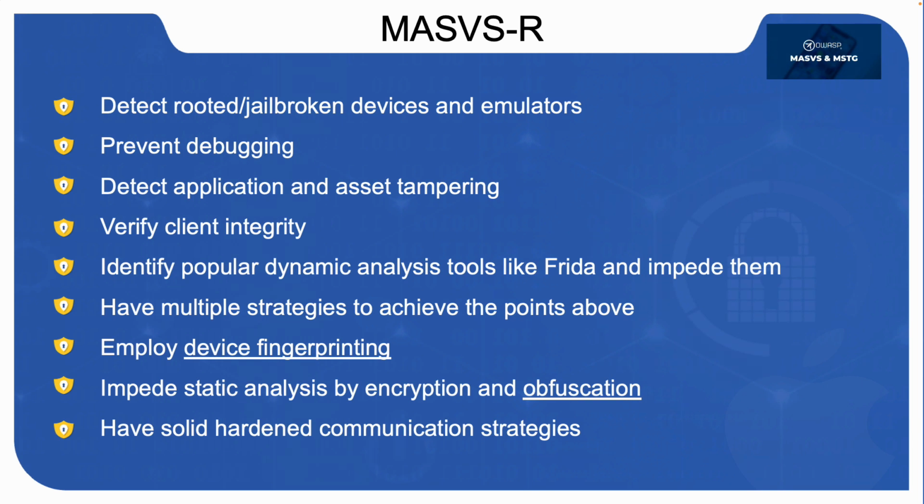As such, an application should detect rooted or jailbroken devices, prevent debugging, detect application and asset tampering, verify client integrity, identify popular dynamic analysis tools such as FRIDA, have multiple strategies to achieve the points above, and of course employ device fingerprinting, impede static analysis by encryption and obfuscation, and have solid hardened communication strategies.